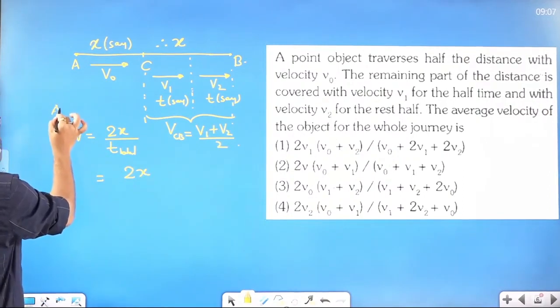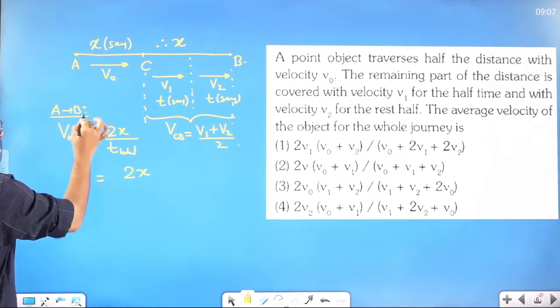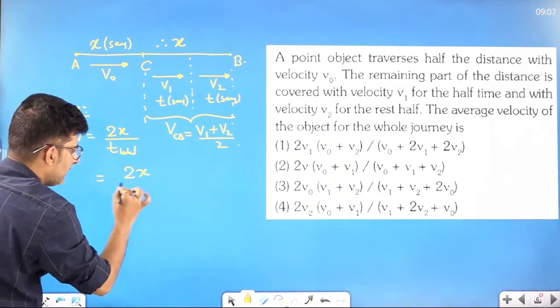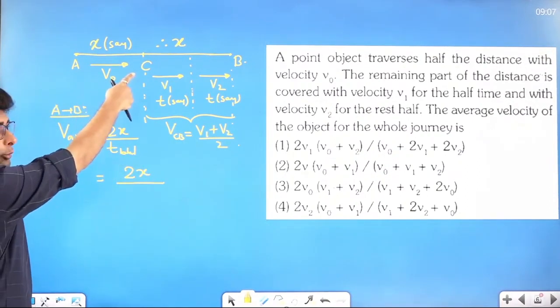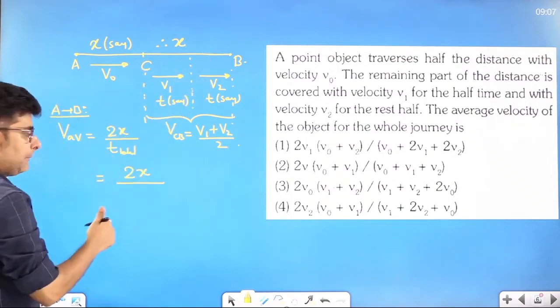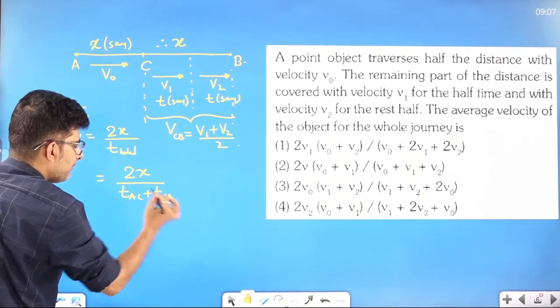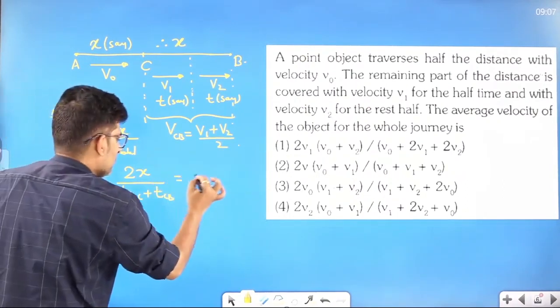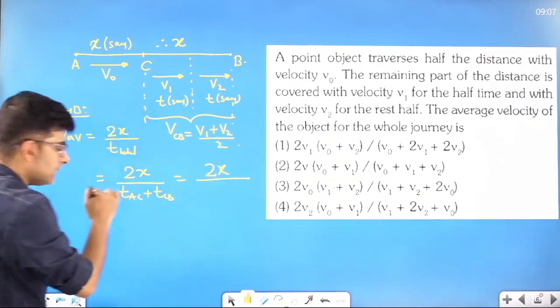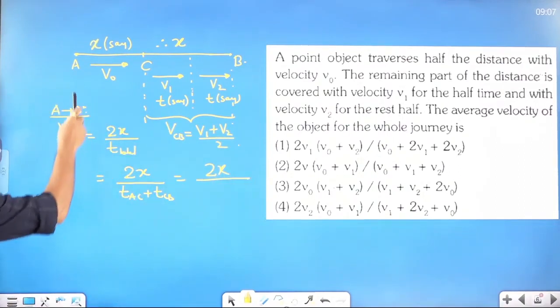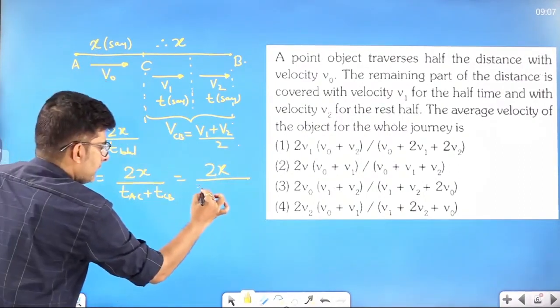So when we go from A to B, the average speed for the whole journey will be 2x divided by total time, the time from A to C and the time from C to B. So if I substitute 2x divided by, what is the time from A to C? Check in the diagram. x by v0, can I write it?